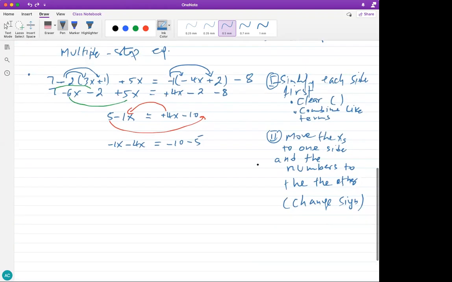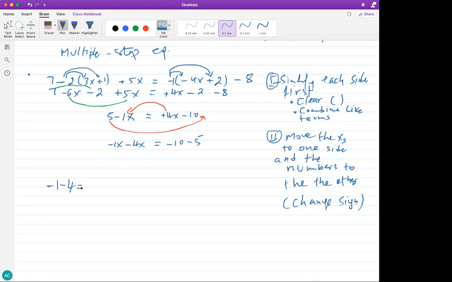All right, so now, third step. So what do you do now? What is -1x minus 4x? We combine these. What do you get? 5x. Not exactly 5x, but we combine -1 and -4. -1 and -4.